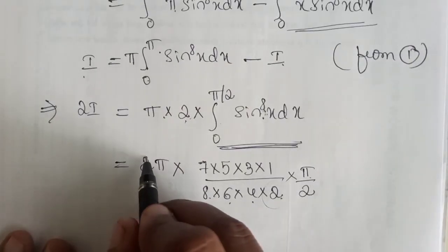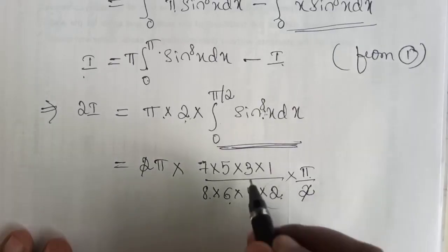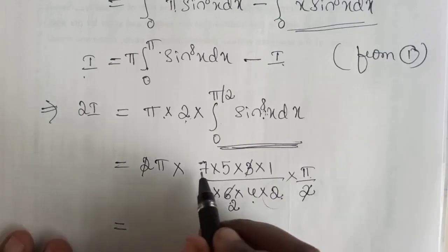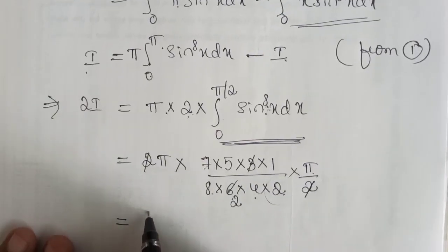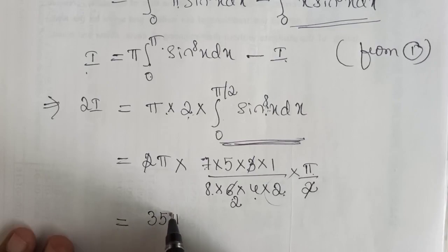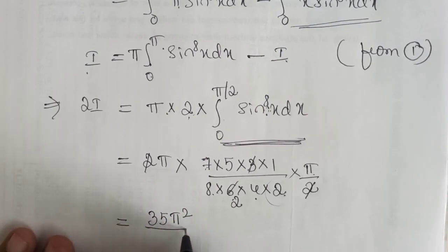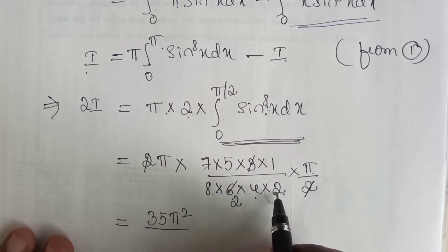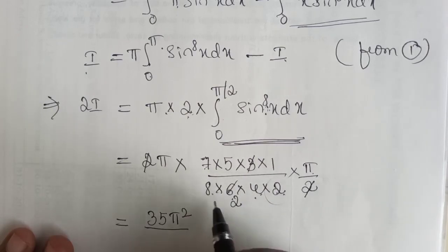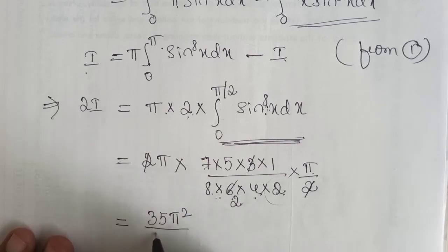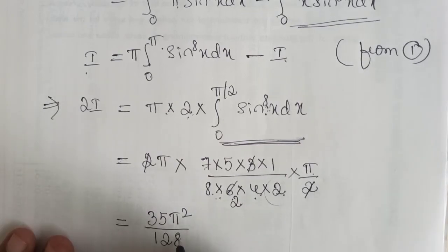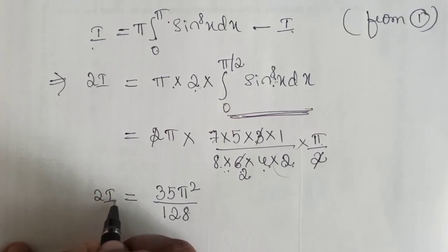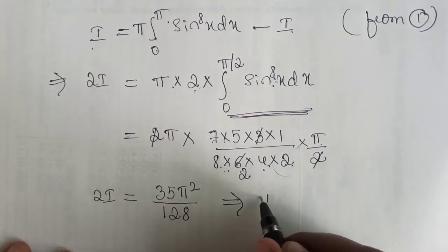Now further simplifying, 2 gets cancelled, 3 ones are 3, twos are 2. So simplifying, we get 7 into 5 equals 35 pi square whole divided by, here 4 into 2 is equals to 8, 8 into 8 equals to 64, 64 into 2 is equals to 128. So this is 2I value, but we require I value.